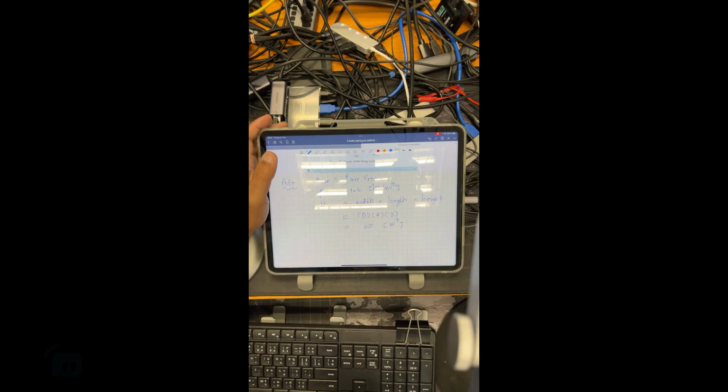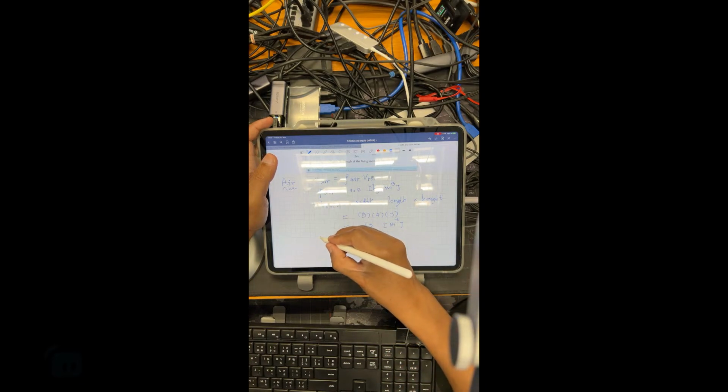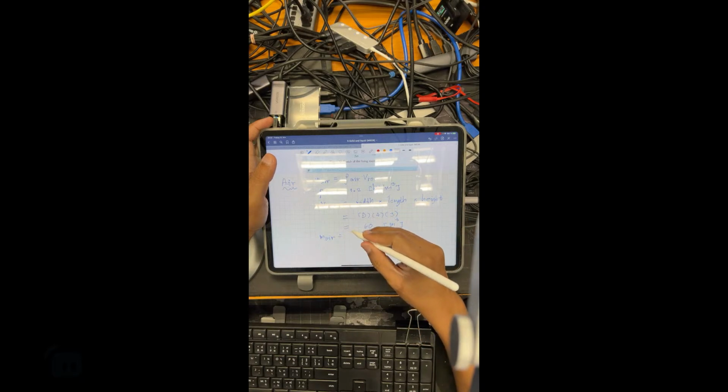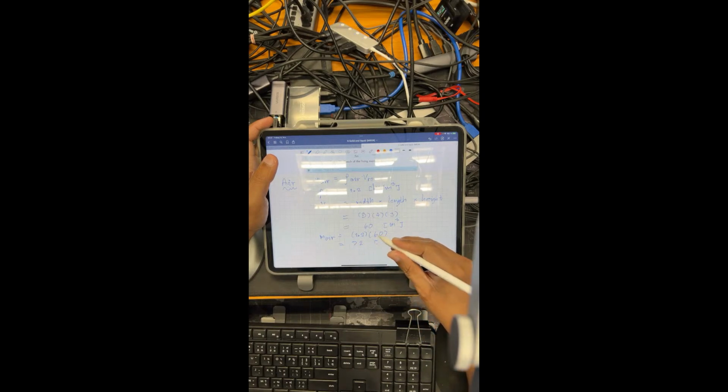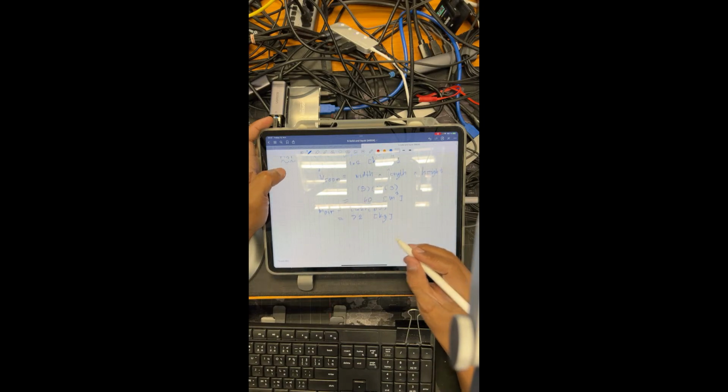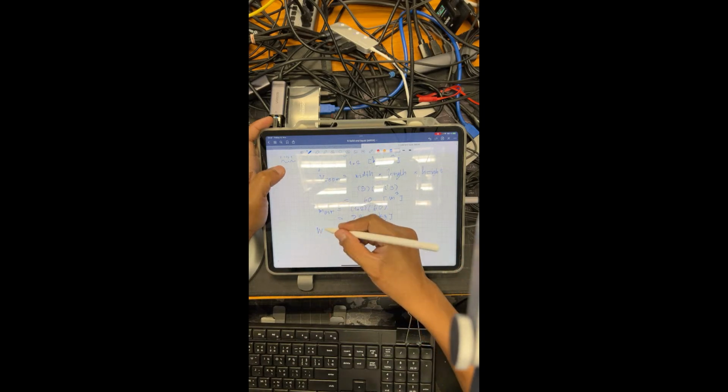Substituting into the expression, m air is 1.2 times 60, which is 72 kilogram.